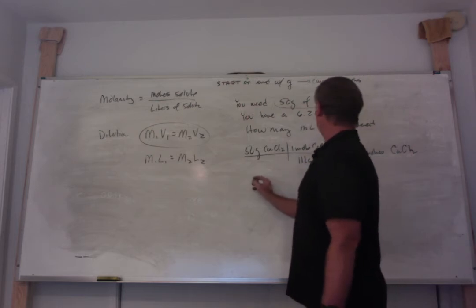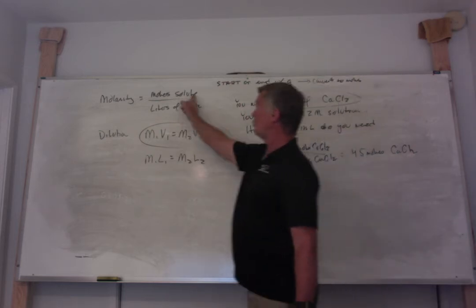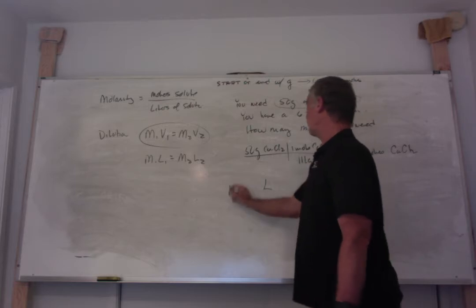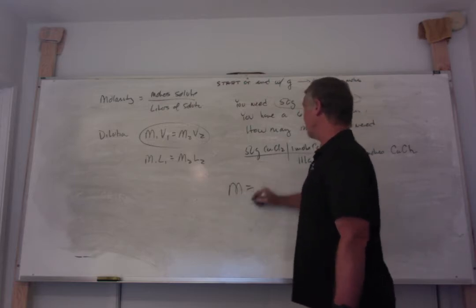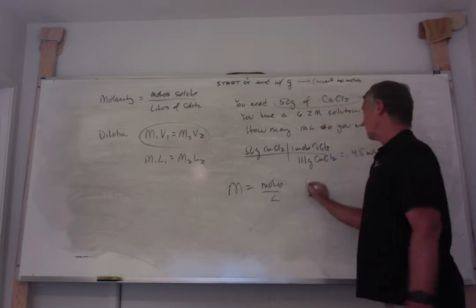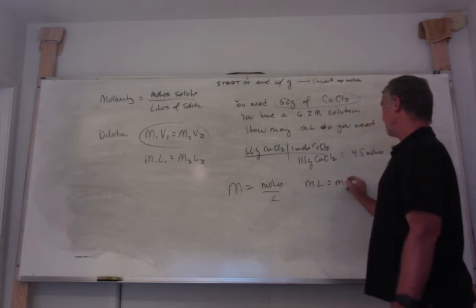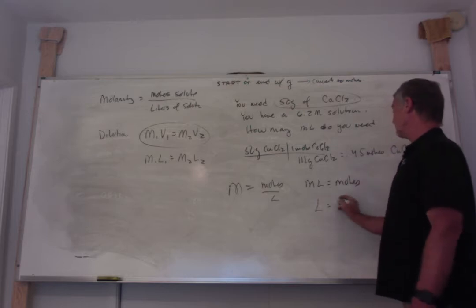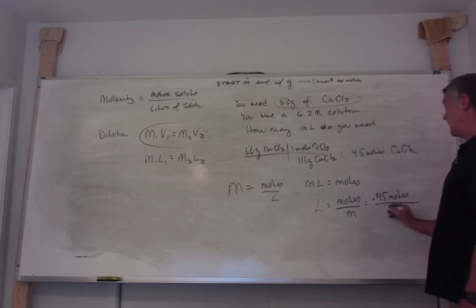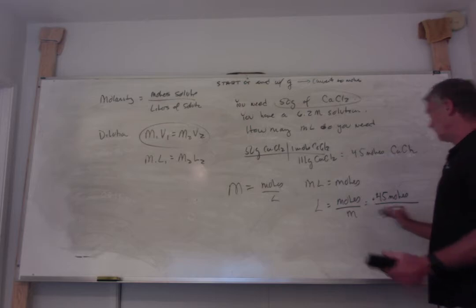And what we know now is that we have moles and molarity. We want liters. Molarity is moles over liters. So cross multiplying, molarity times liters is moles, or liters is moles over molarity. And in this case, it would be 0.45 moles divided by 6.2 molar.